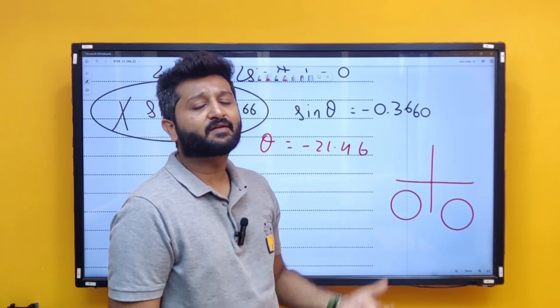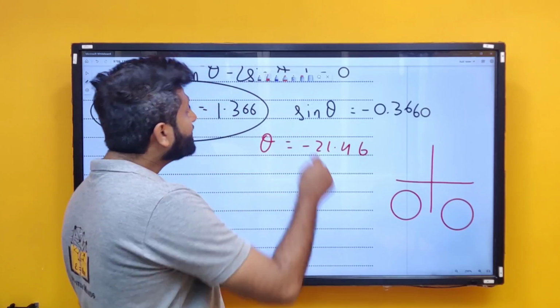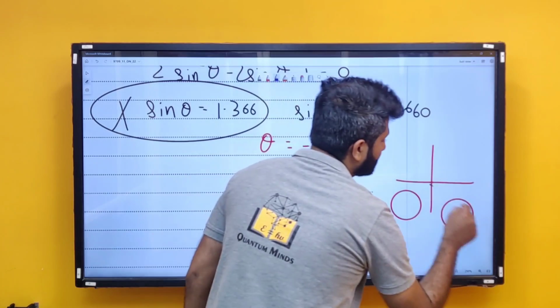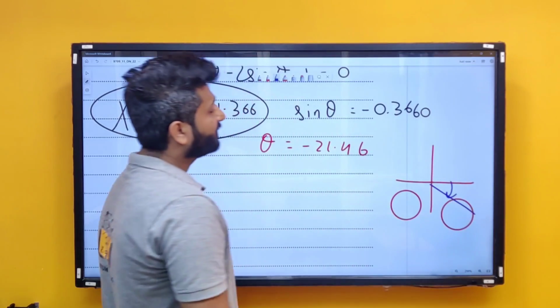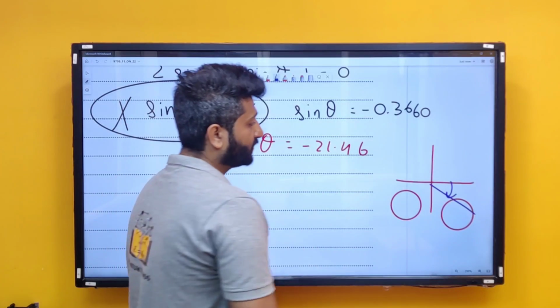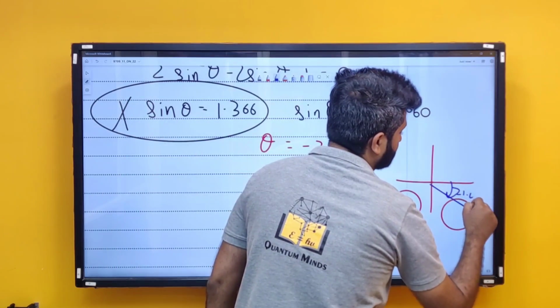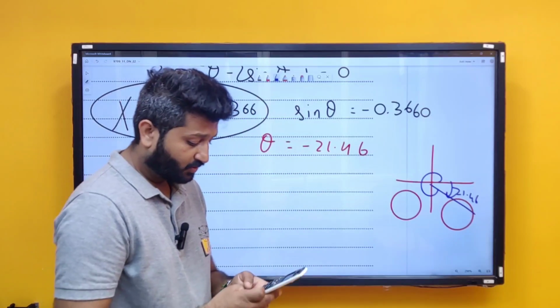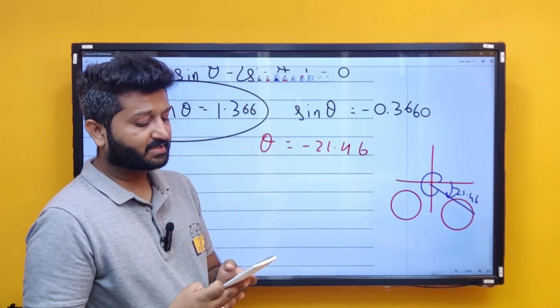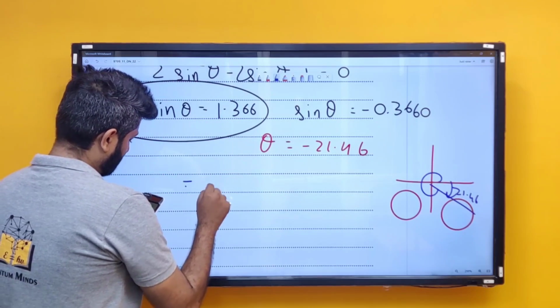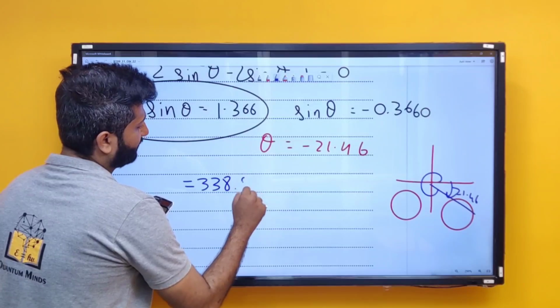Now, negative 21.46 means the angle is measured in clockwise direction, which means this is my 21.46. So, if this is 21.46, I can easily find this angle, right? How? 360 minus answer. So the first angle of theta is 338.5.